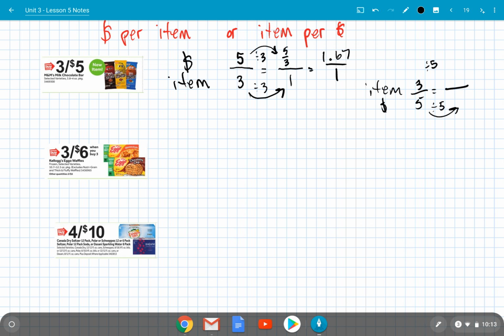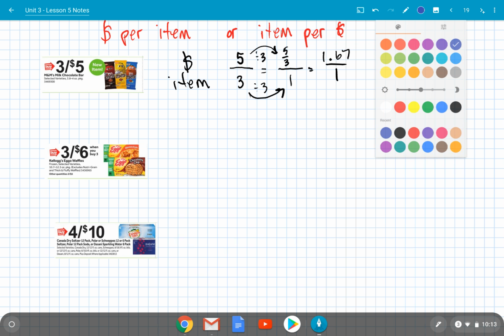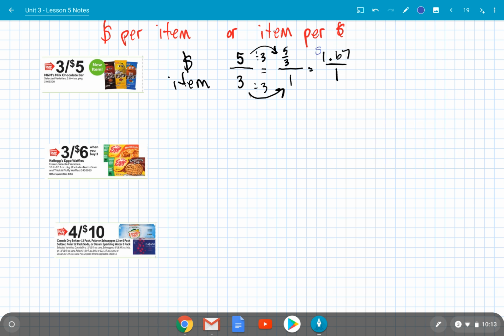Now, it is going to be 0.6, but it's going to be 0.6 items, 0.6 bags of M&Ms for $1. I am not going to go into the store and ask them to buy 0.6 bags because they will not sell me 0.6 bags. So in this instance, we're looking at the other proportion of $1.67 for 1 bag to be the most reasonable item to be looking at.